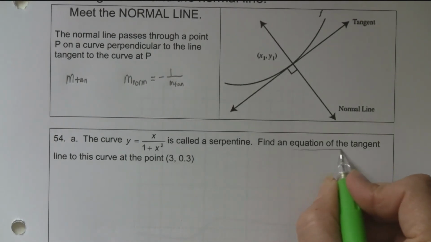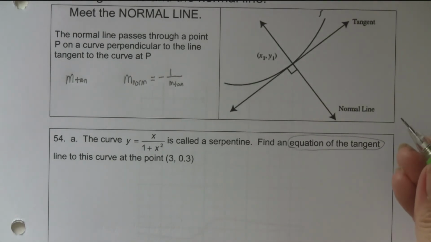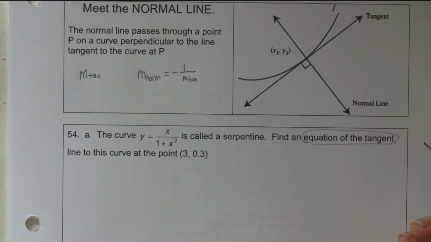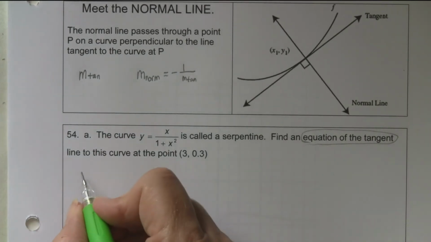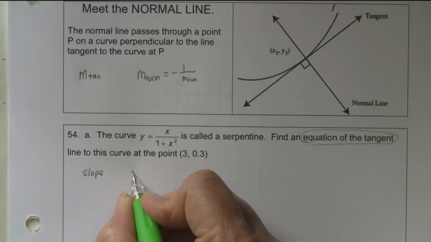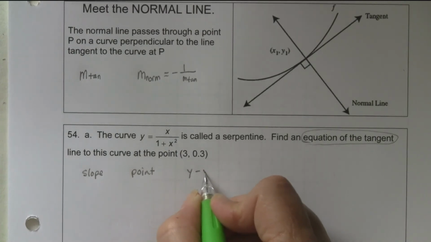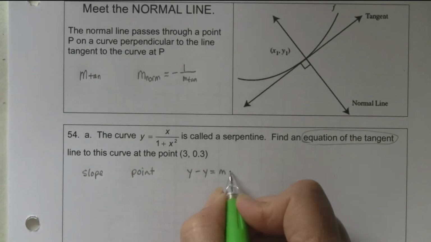The steps to finding the equation of any line, tangent line or other, are to find the slope of that line and to find a point on that line.